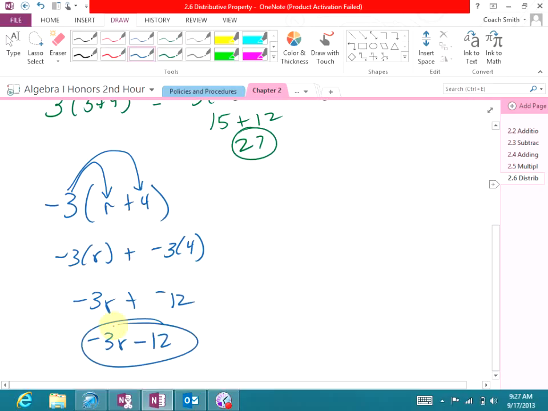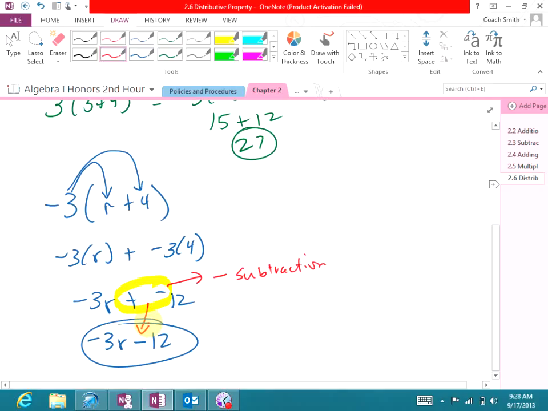Remember from last year that a plus a negative is the same thing as a subtraction sign. That's why we've changed it down here to the subtraction.